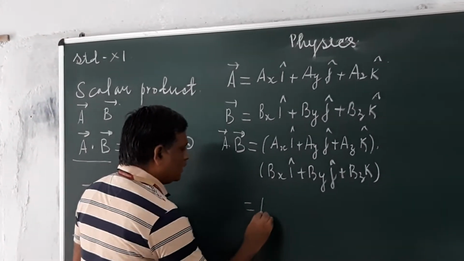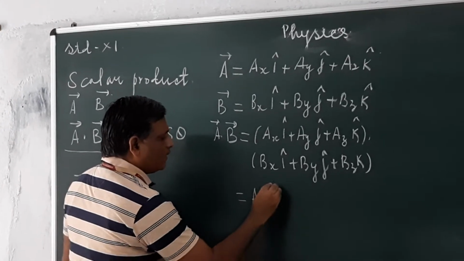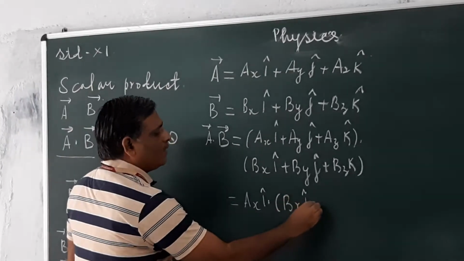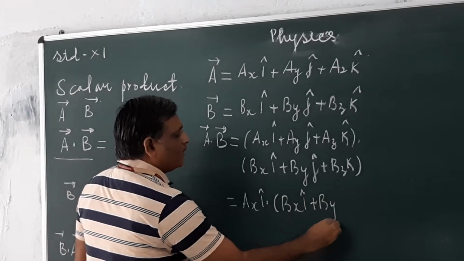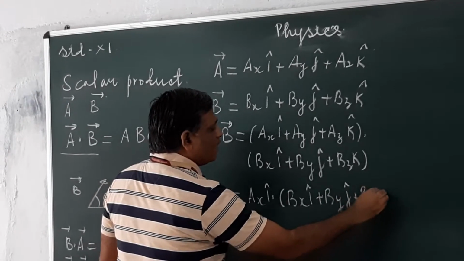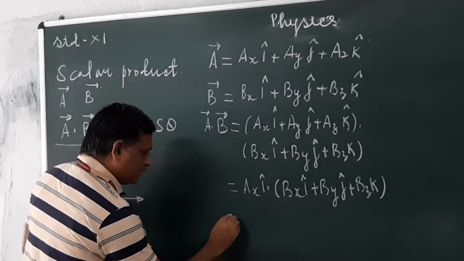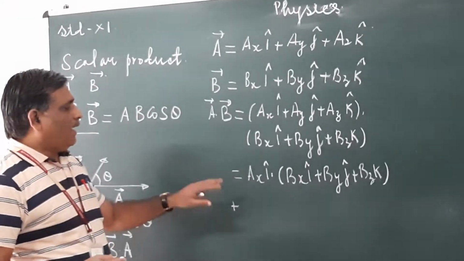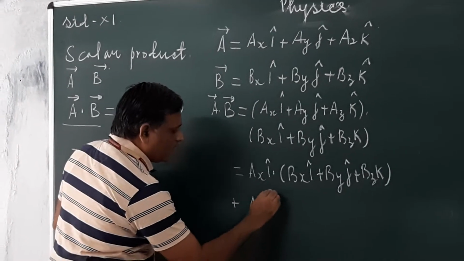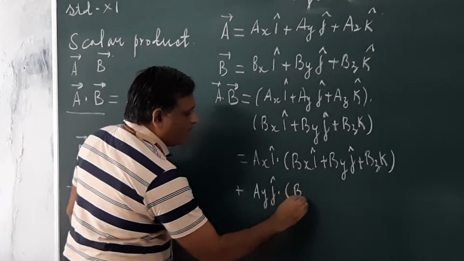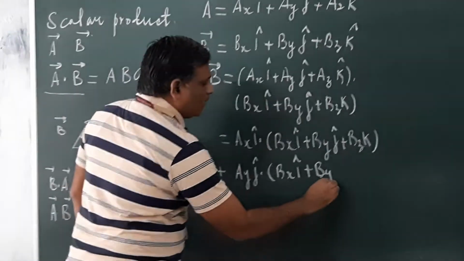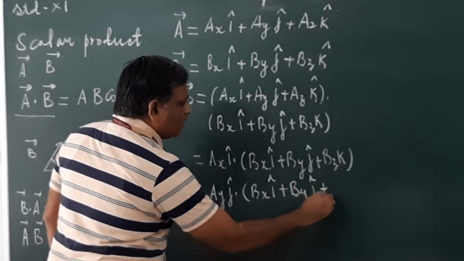Then there becomes AX i dot (BX i plus BY j plus BZ k), plus the second term, AY j dot (BX i plus BY j plus BZ k).